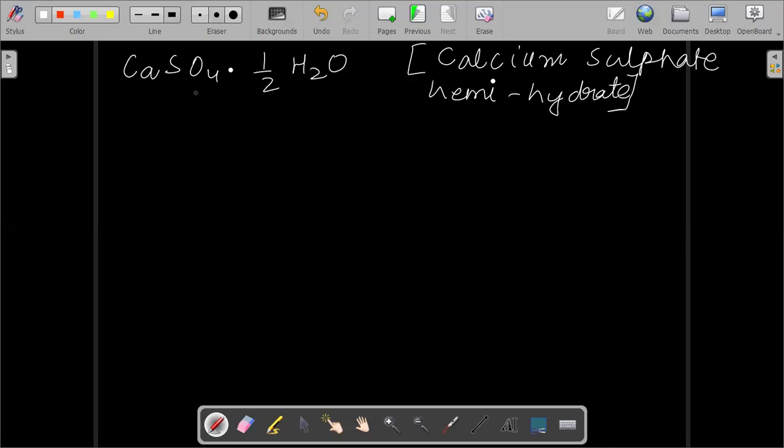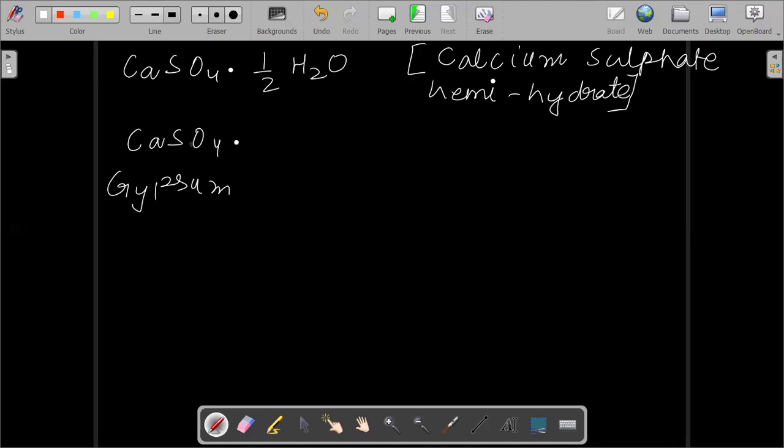So it is obtained from gypsum, by heating it. What is the temperature at which we heat gypsum? 373 K. Yes, 373 Kelvin.